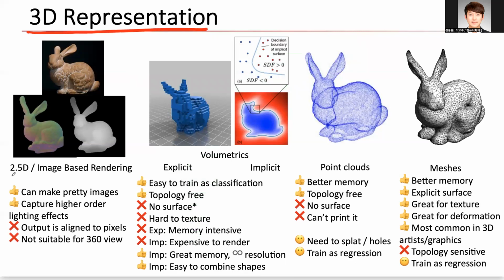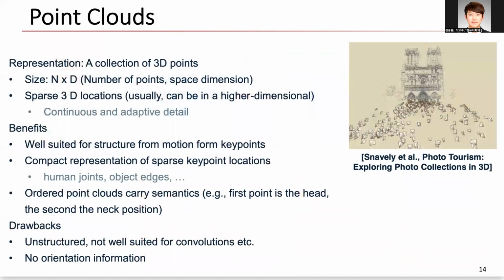For example, 2.5 dimensional or depth information, or volumetric information, for example explicit volumetric representation or implicit volumetric representation, or point cloud or mesh representation. So today, let's talk about each representation first. Okay, so we want to start from here.